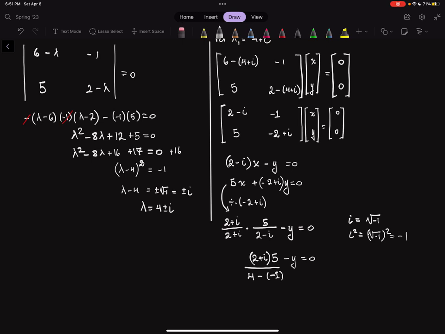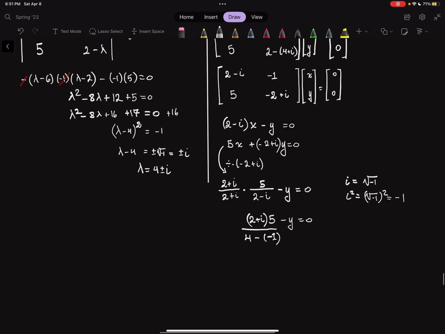And that becomes 2 plus i times 5 divided by 4 plus 1, which is 5, which cancels out, minus Y equals 0. And for some reason, I forgot the X. I'm sorry if that confused you.